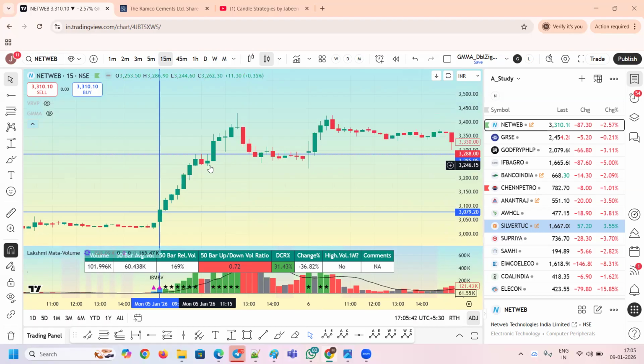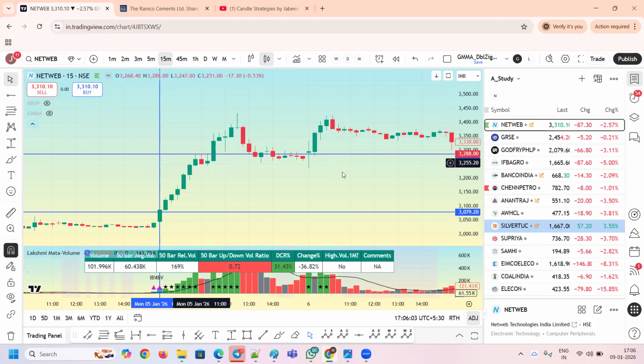This can move very fast up and also very fast down. So before entering any stock, it is important to understand the business and the nature of the stock.